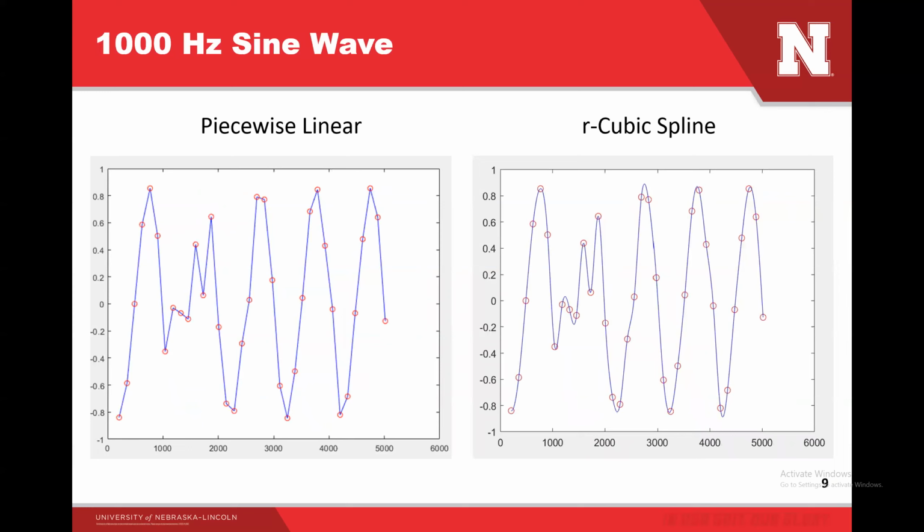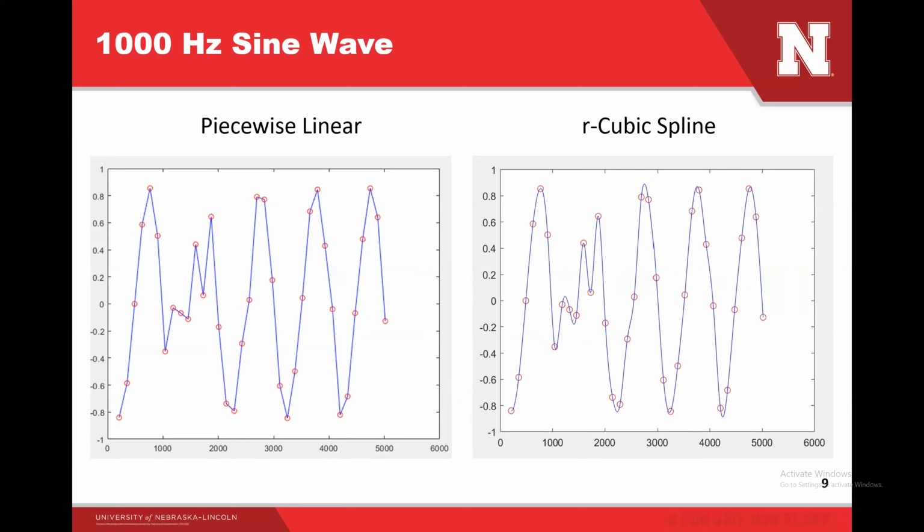Look at this. This is the 1000 hertz sine wave. Here we see the issue that I had previously mentioned: as higher frequencies come about with the board, it's harder to interpolate because of the oscillation. It's harder to predict what the values are because of how close the values are to each other and how fast it's oscillating up and down.